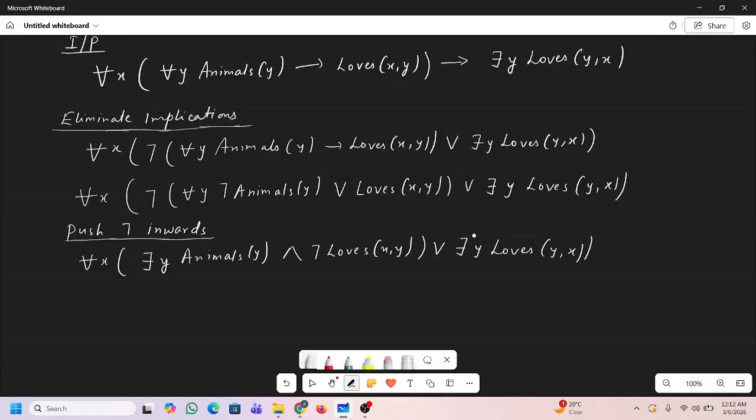Now what I have to do is standardize the variables. Standardized variable means here already we are using y and x, so here we need to change the value of y to something else.